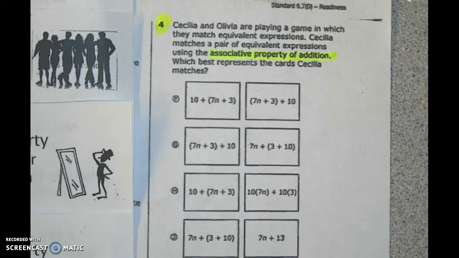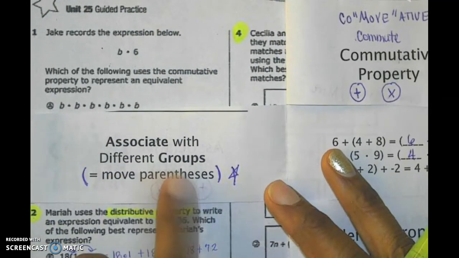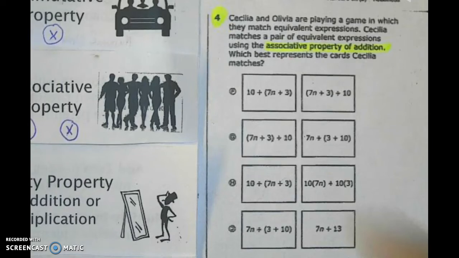Which best represents the cards Cecilia matches? So let's pull out our foldable and look at associative property. Associative property says associates with different groups, and the parentheses are going to be moving. So we're looking for one in which the parentheses is moving.